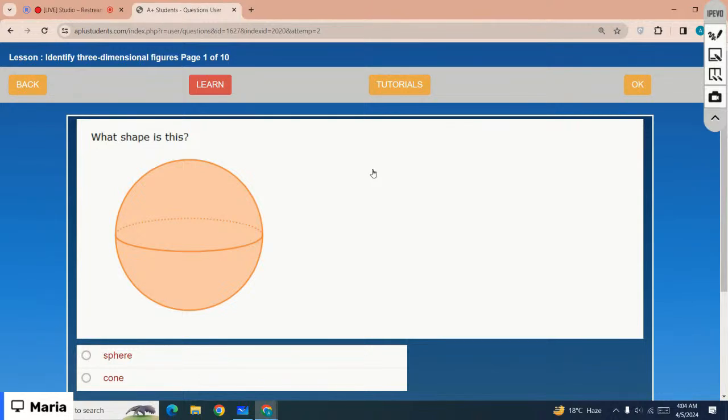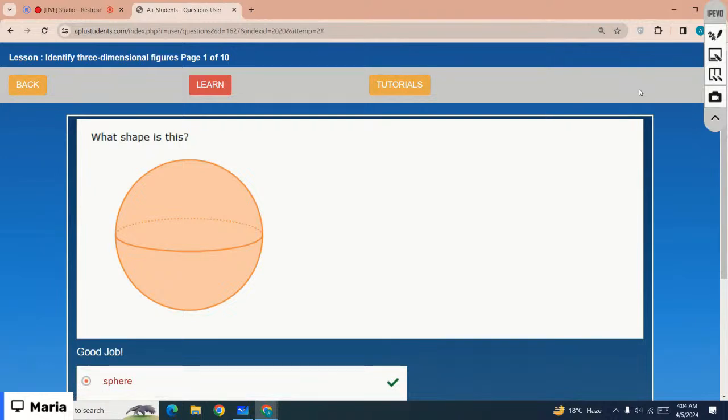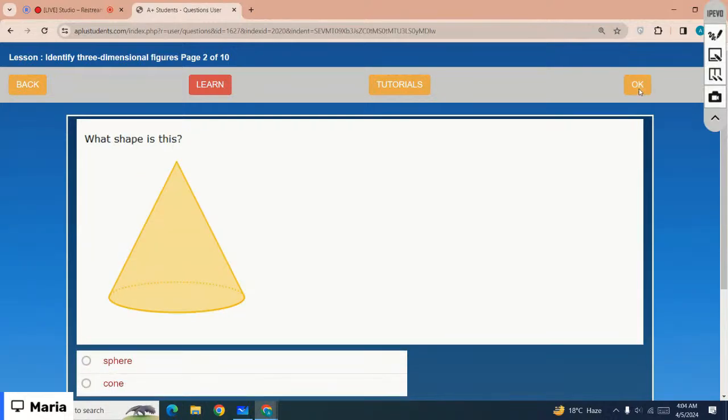The correct option is sphere. What shape is this? Which is the correct option? Yes, cone it is. The correct option is cone.